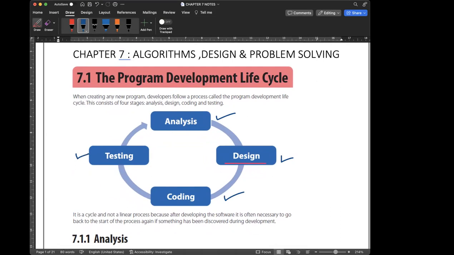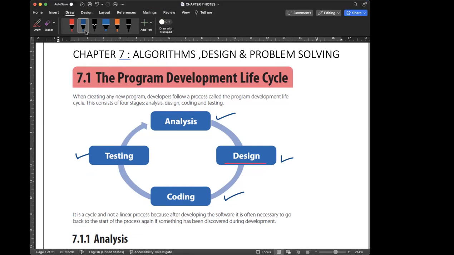And there is one more phase in programming that is called maintenance, how to maintain the program. This is very important, but it is not included in our syllabus. So we have analysis, design, coding, and testing. Is that okay?